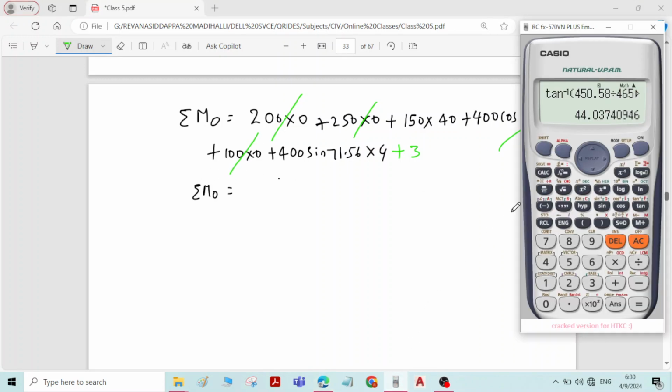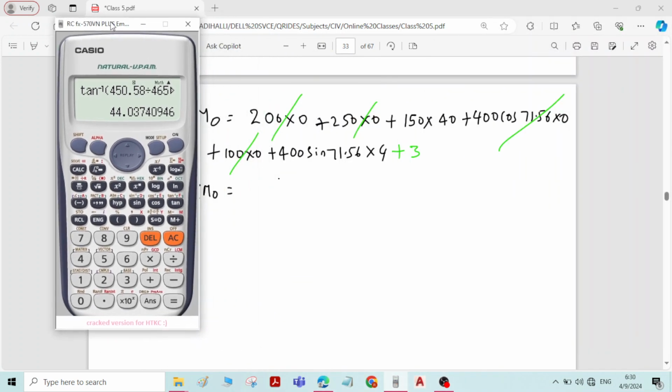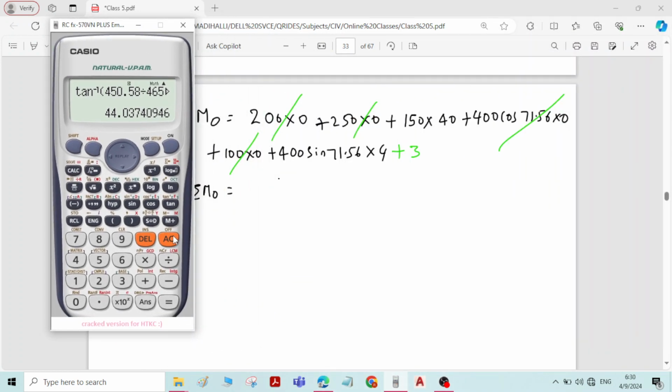Therefore 150 into 40, then plus 400 sine 71.56 into 40, and plus 3.